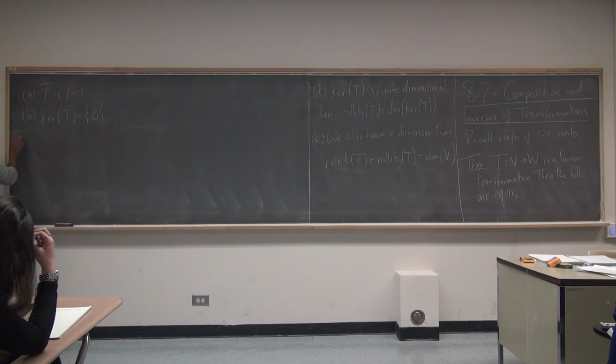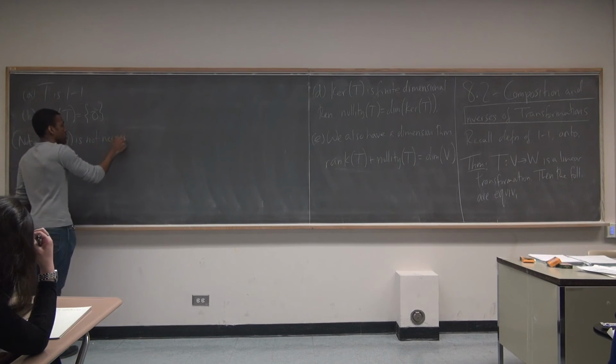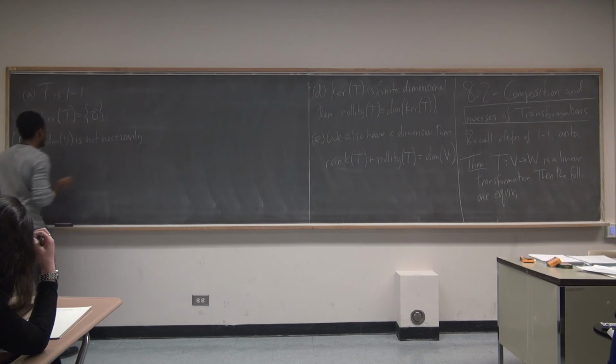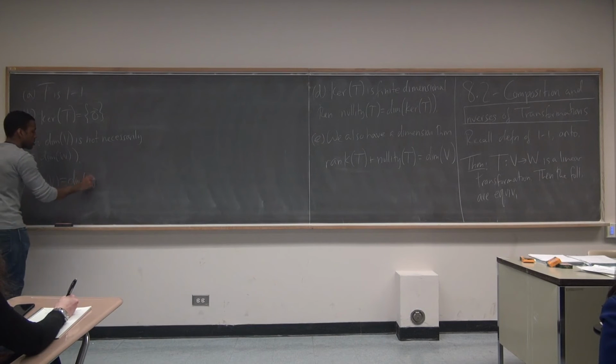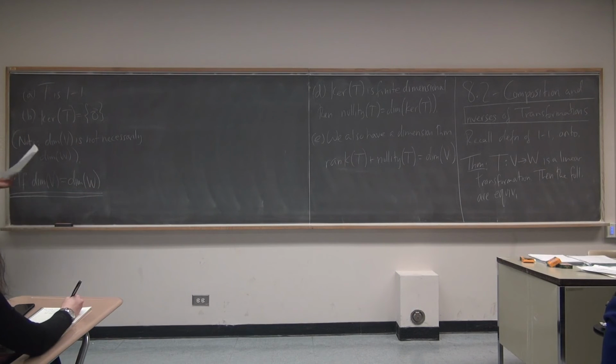So I will note that. Dimension of V is not necessarily equal to dimension of W. If dimension of V equals dimension of W, in that case, we also have that T is onto.